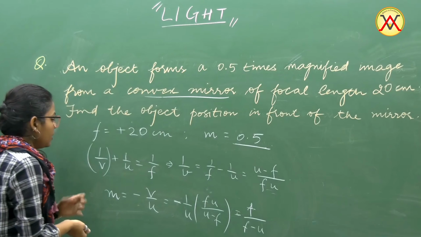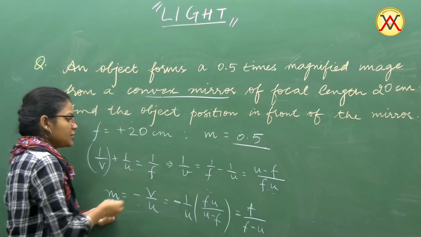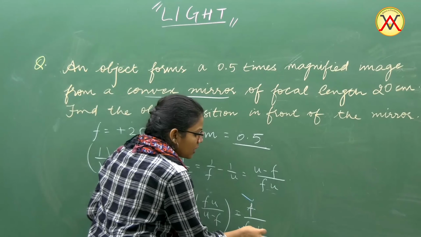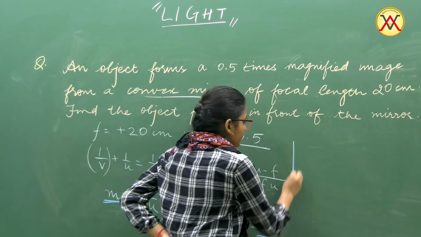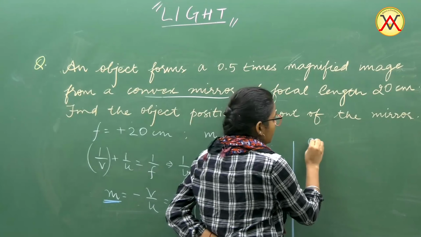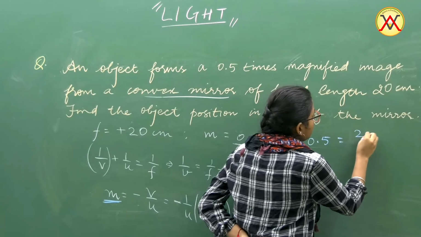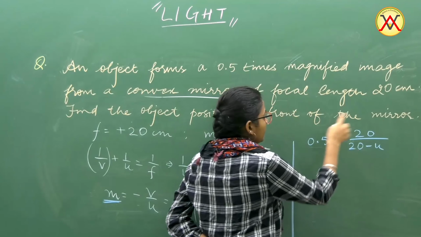Alright. In the magnification formula, we know the value of magnification, we know the value of f, and we need to find out the position of the object. It can be easily done. Let's do it over here. Magnification equals focal length upon focal length minus u.